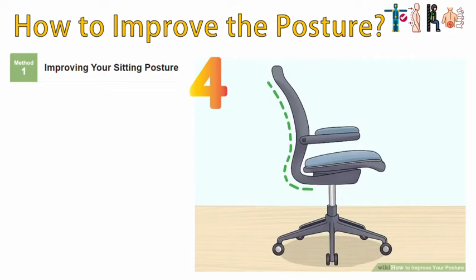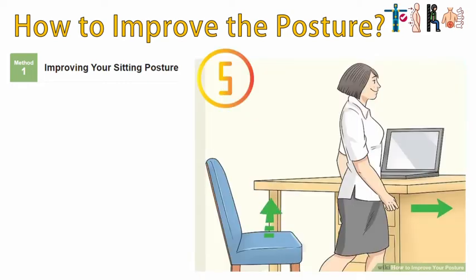If you cannot get a new ergonomic chair, try using a small pillow for lumbar support in the small of your back. If we cannot afford this kind of chair, we can put a small pillow here at the lower back part of the chair, so it will support our spine and it will not affect our good posture.